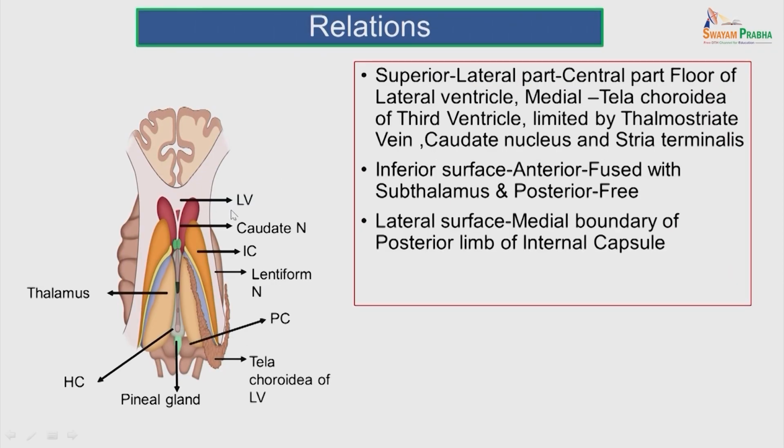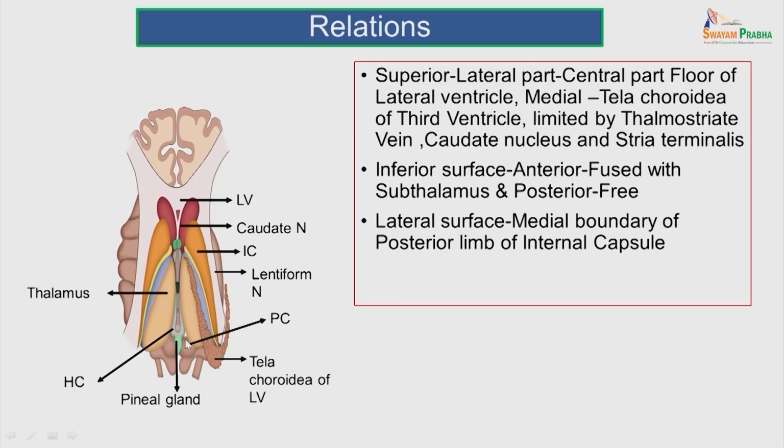Superiorly, this is the superior surface. It is divided into a lateral part and a medial part. The lateral part forms the central part of the lateral ventricle. The medial part, from anterior to posterior, is separated by the tela choroidea, the stria terminalis and the thalamostriate vein.